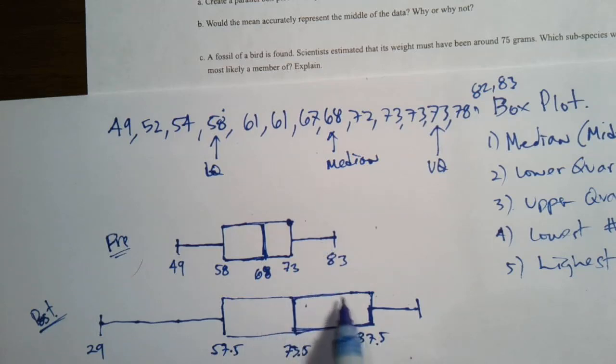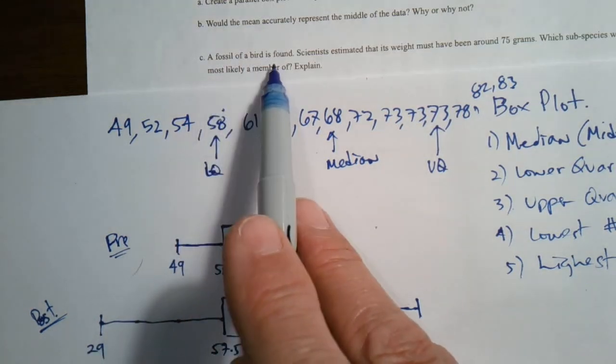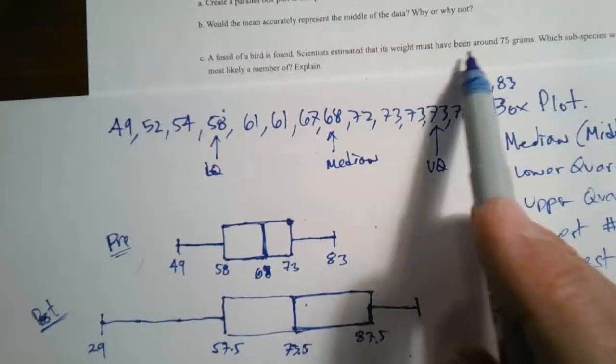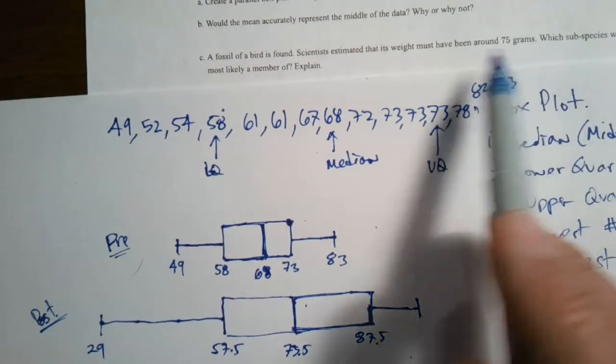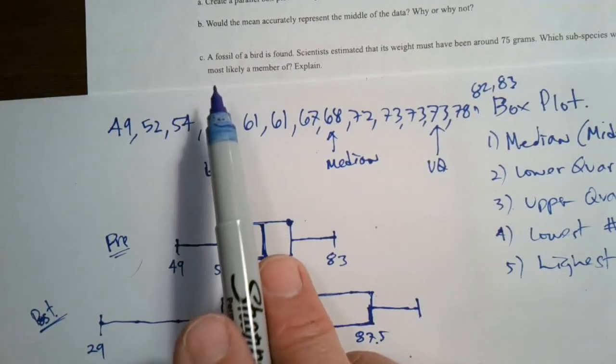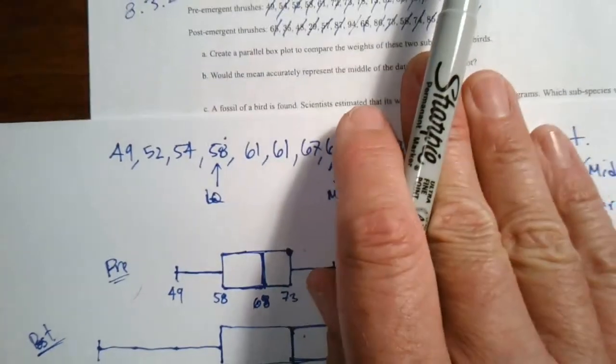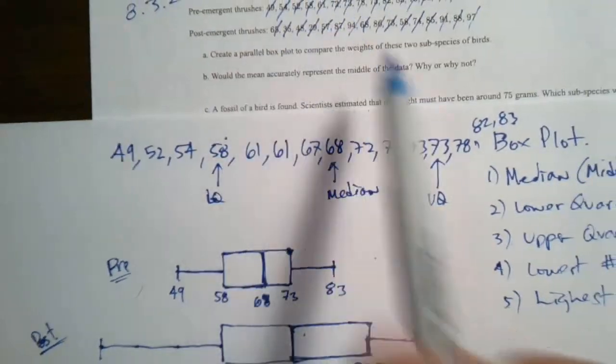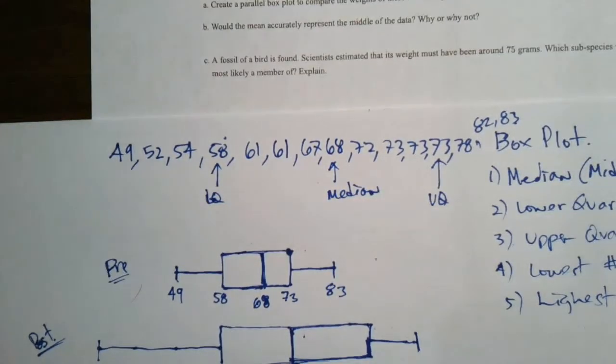Down in here where we have 50% of the data sitting, it looks a little bit more likely that the 75 would land in this. So we're going to go ahead and say for that one, the post-emergent thrushes. So the fossil of the bird that's found is most likely in the post-emergent thrushes. So this set of data, the post-emergent thrushes. All right, there you go.